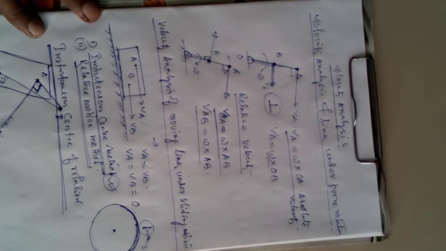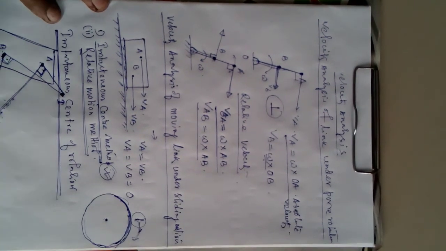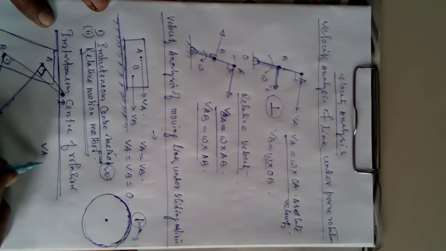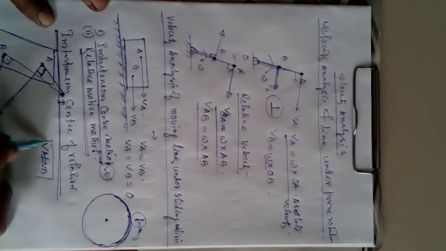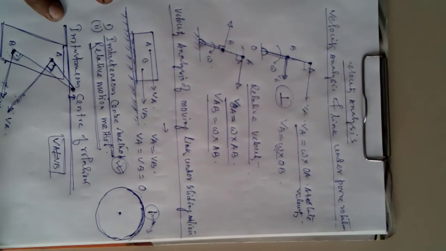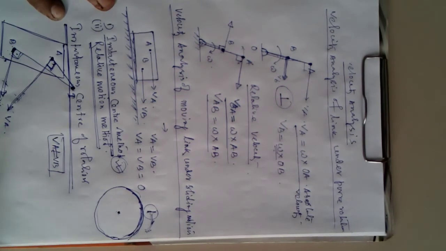Okay, now again, suppose VA and VB are not equal. Okay, velocities VA and VB are not equal. So in that case, how to find out the instantaneous center?